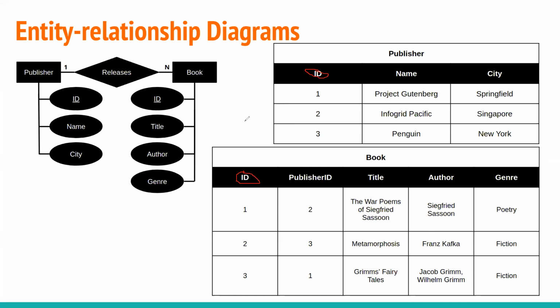Can anyone read that off this table here? Metamorphosis, precisely. So how do we see that? The primary key of book is this column here. We go to the second one because the primary key is uniquely identifying each book, and we get Metamorphosis. Easy peasy, right? That's how you read a database. The primary key uniquely identifies each row of your database.